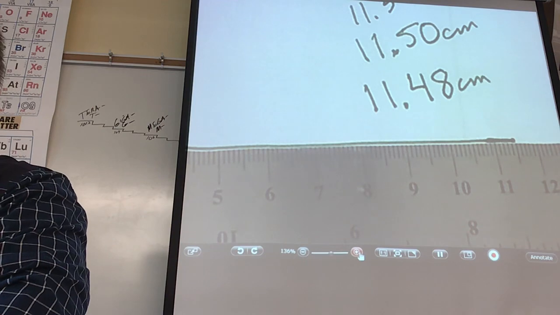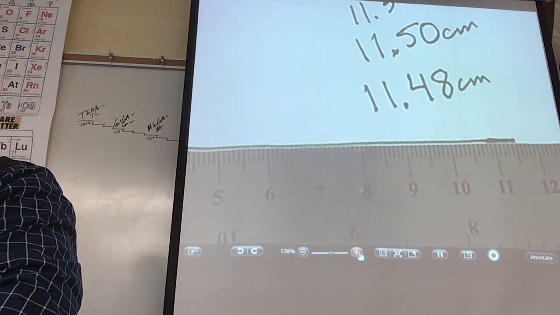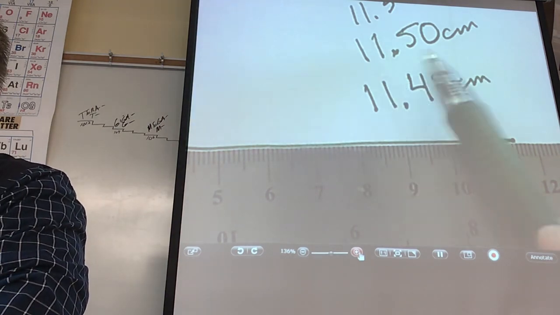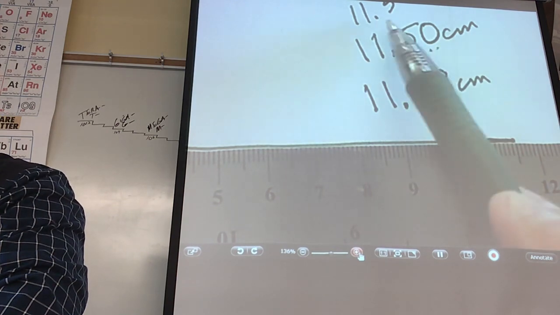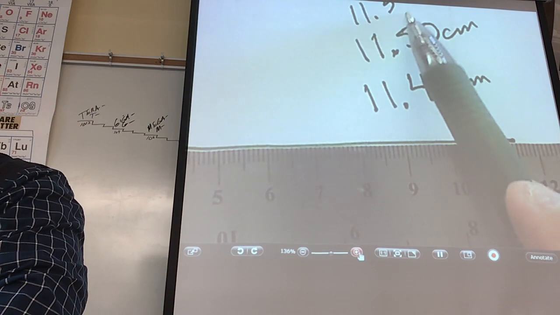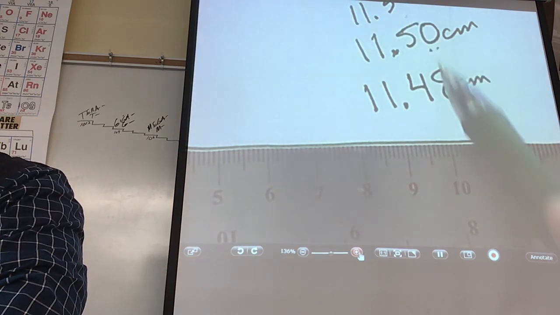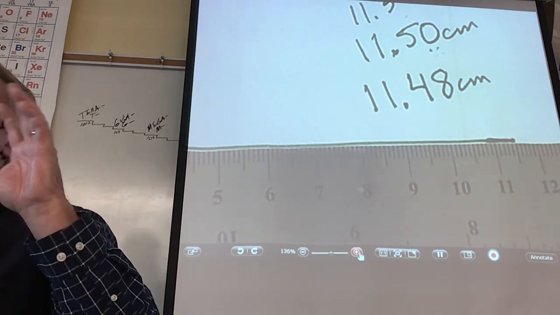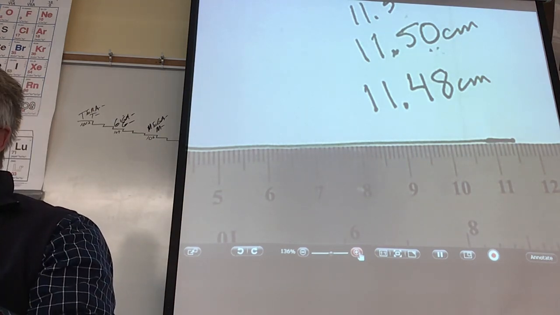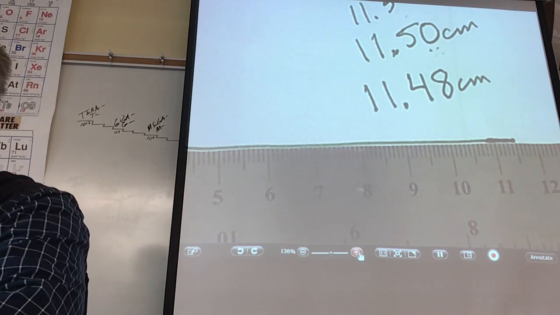They have a set of rules that go along with measured numbers. If you put 11.50, I know what your ruler looked like. Do not tell me 11.5 because you're lying to me. So now you finally know, 11.50 is different than 11.5. Don't try to talk to your math teacher about this because they don't use measured numbers.